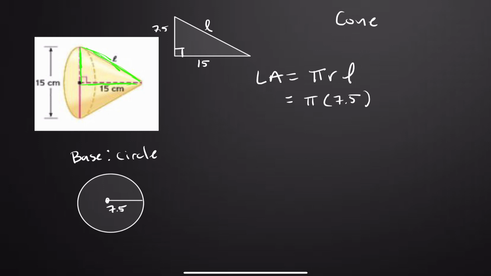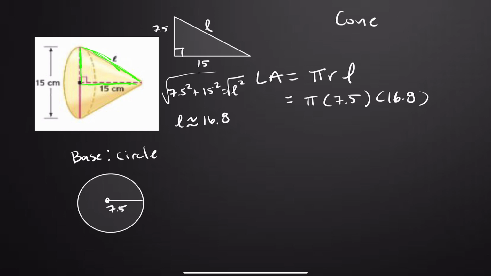We're dealing with a right triangle with these two given side lengths, and this is the hypotenuse, so it's 7.5 squared plus 15 squared equals slant height squared. And I'm going to take the square root, and then input all of that. The slant height is approximately 16.8.